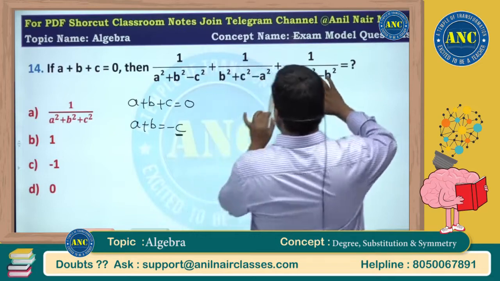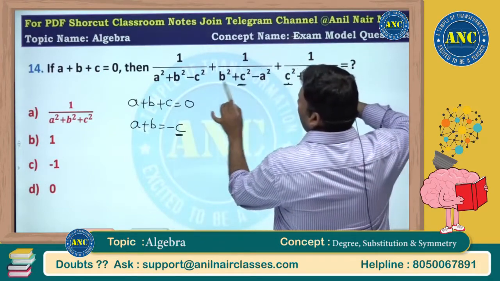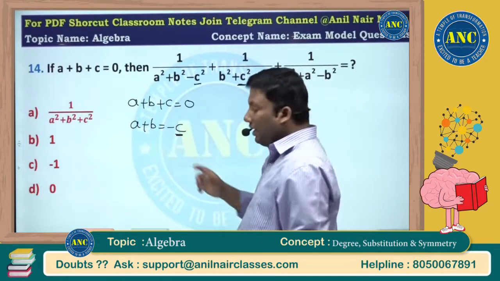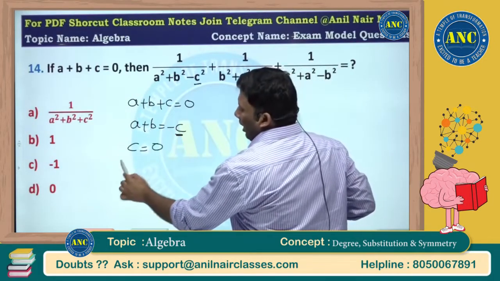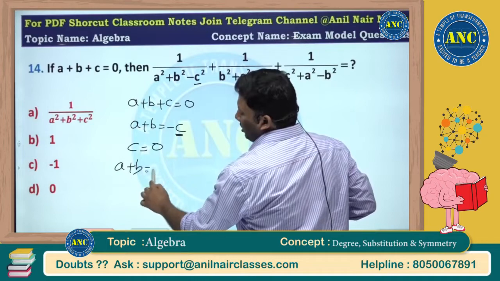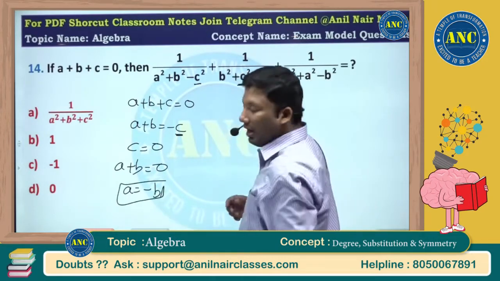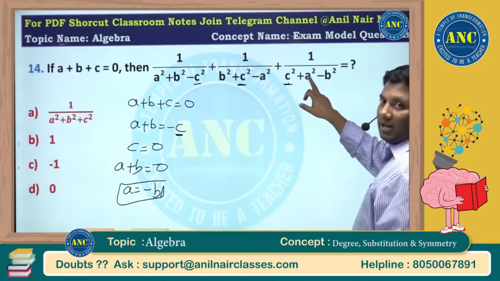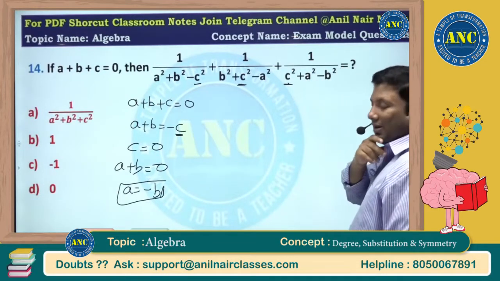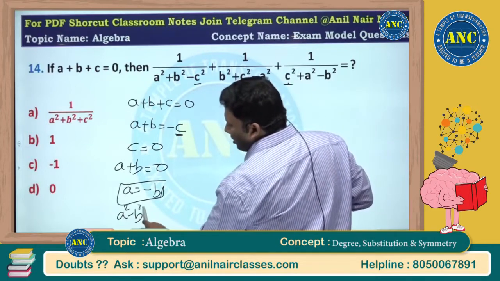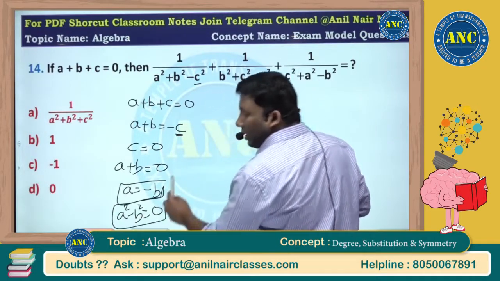If I make the c value 0, a plus b will become 0. That means a is equivalent to minus b. B square minus b square, a square minus b square, I am getting 0.